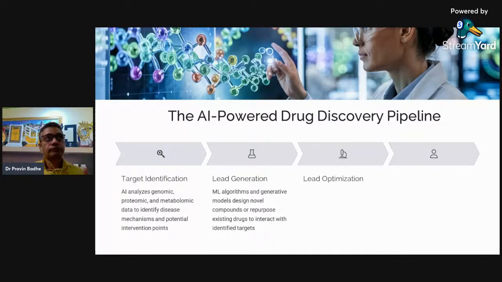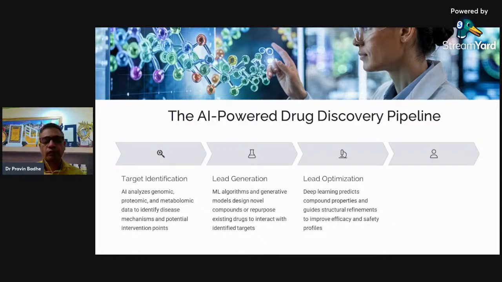Then the next part is the lead optimization process, where the lead which you have generated and tested on the target needs to be optimized again to make it better, make it less toxic, or even with no toxicity. So with deep learning models, you can predict the compound properties.